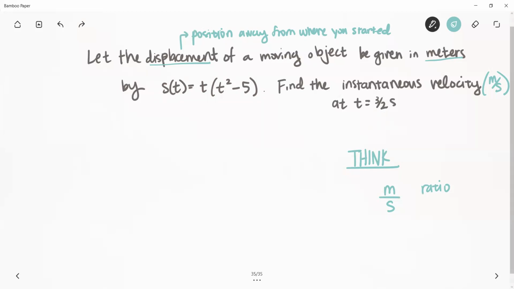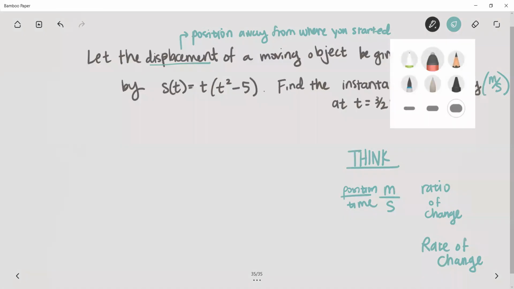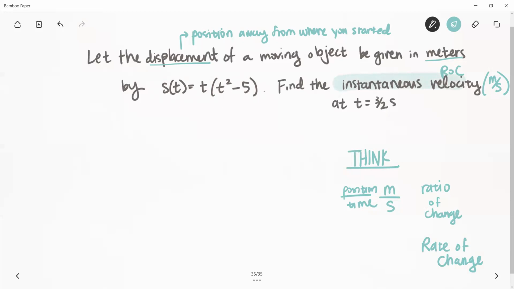So if I have a ratio, and the ratio that I'm dealing with is position over time, which I know is changing, this is really the ratio of change. Or in other words, it's a rate of change. So velocity is just a type of rate of change. And they're asking me for the instantaneous rate of change.